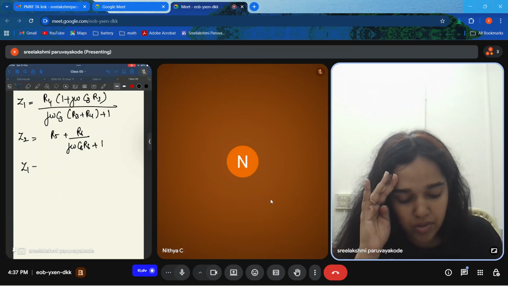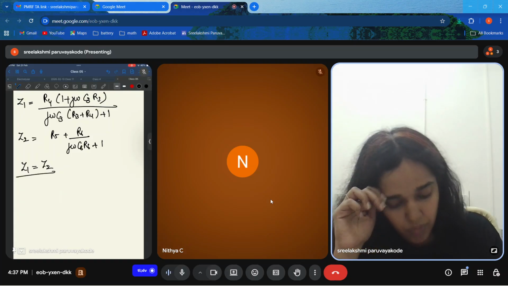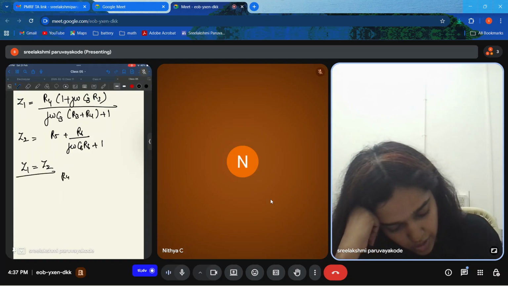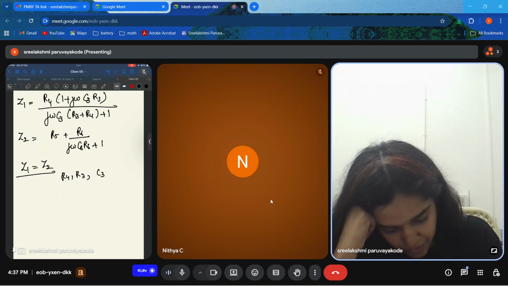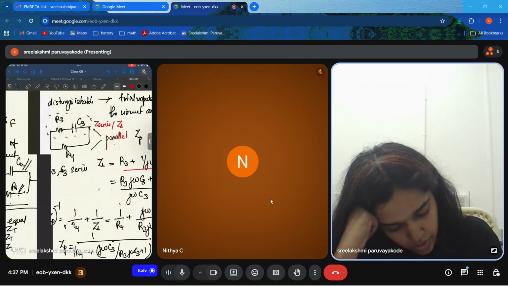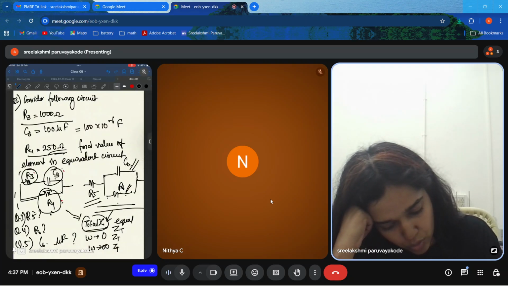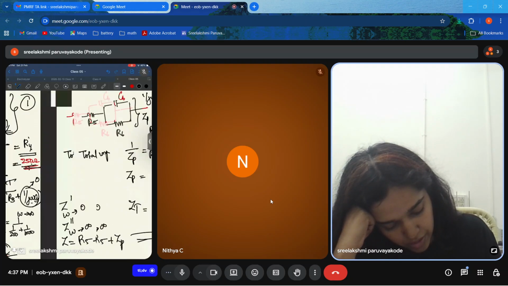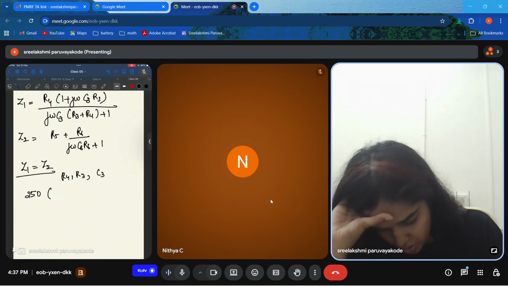That is what distinguishability means. So I know the value of R4, R3 and C3. Substitute. R4 is 250, R3 is 1000, C3 is 100 microfarad. You can look into the question. Substitute all the values.